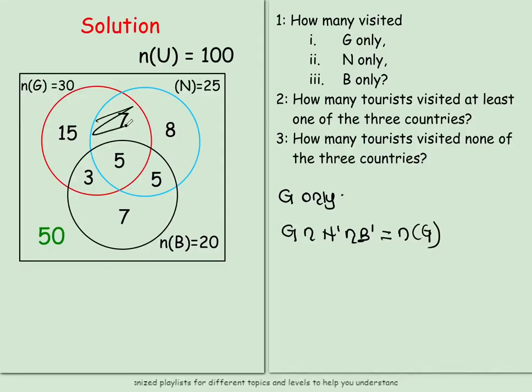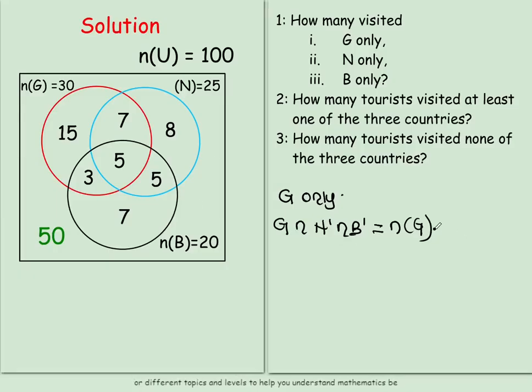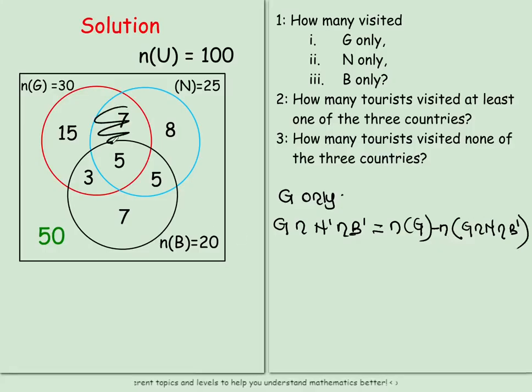You see? So we take out this 7. And this portion is what is inside G and then in N, but not in B. Remember when we're doing the representation of all the regions. So this 7 is written as what? Minus. So it is in G and in N, but not in what? Your B. That is this 7 portion.